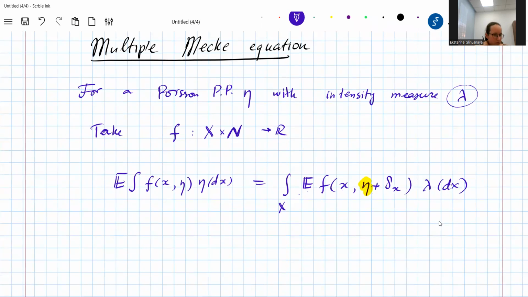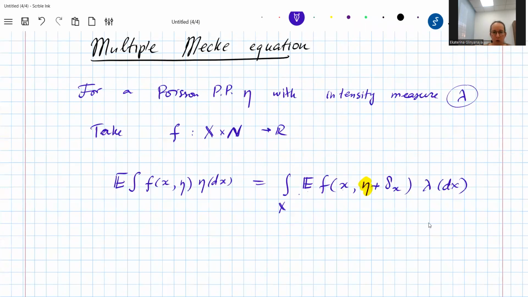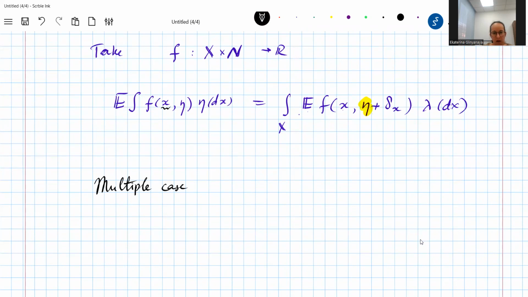We can generalize this formula for the multiple case. I took here a function that depends on one point, but we can consider a function f from x to the power m times the space of measures to r.